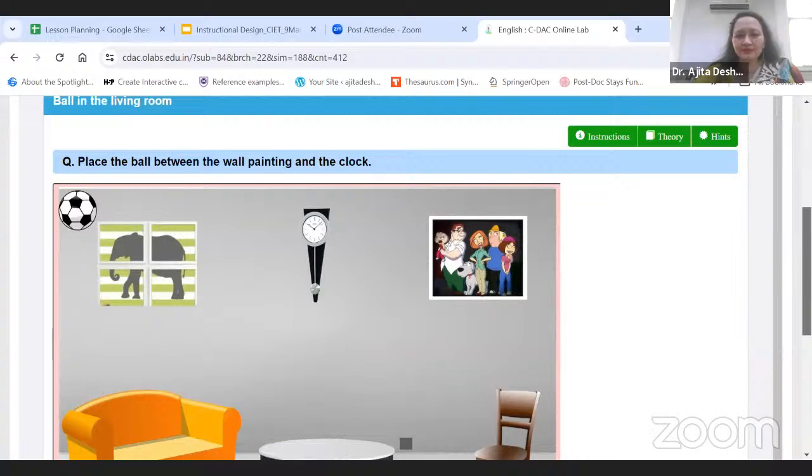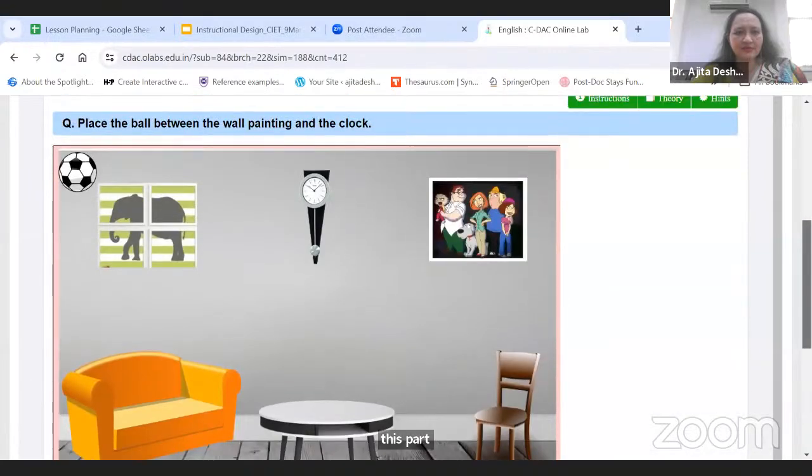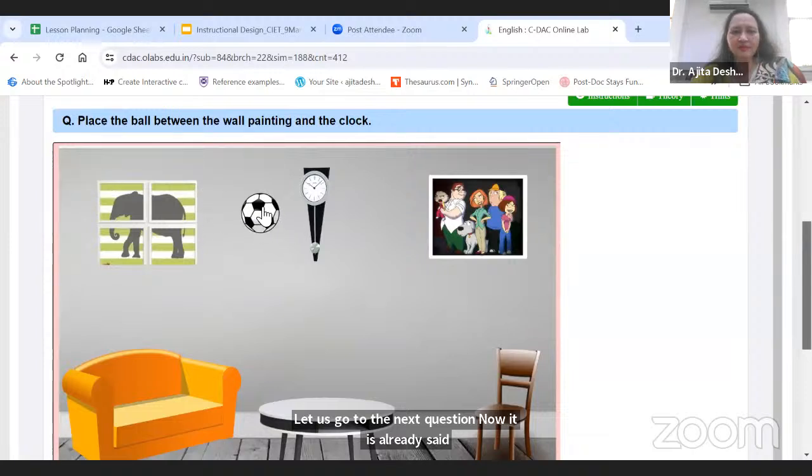Now it will go and the next question will come and so on. This exercise goes on. Now, as a teacher, what I can do is, let me come back to this part. Let's go to the next question. Okay, now it has already said between the wall painting and the clock. It's okay. It will be here.